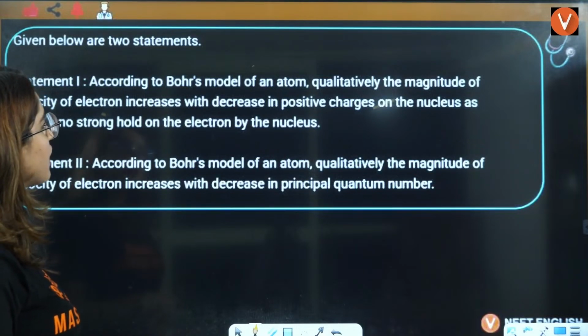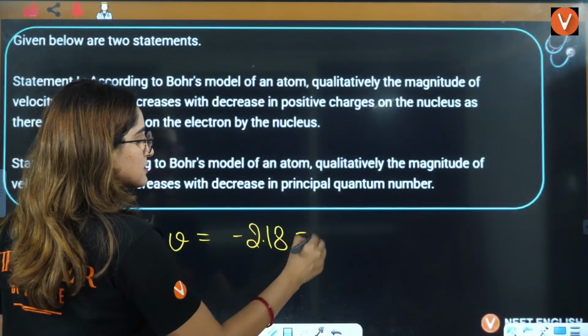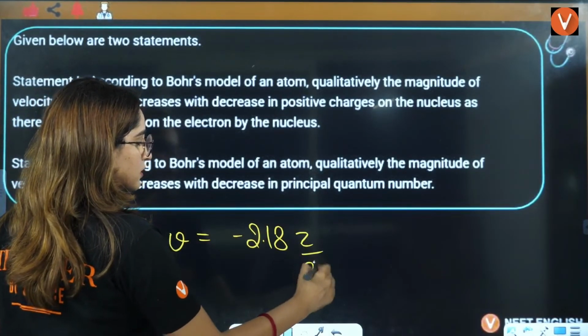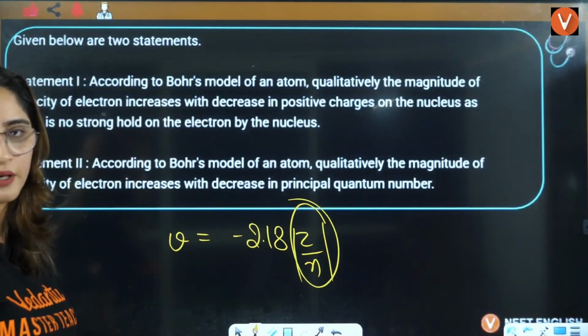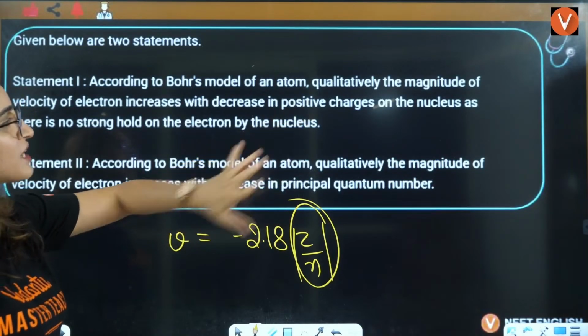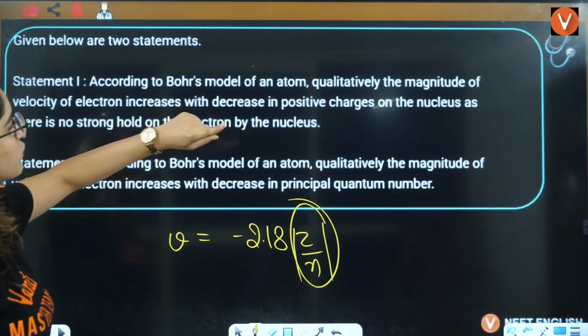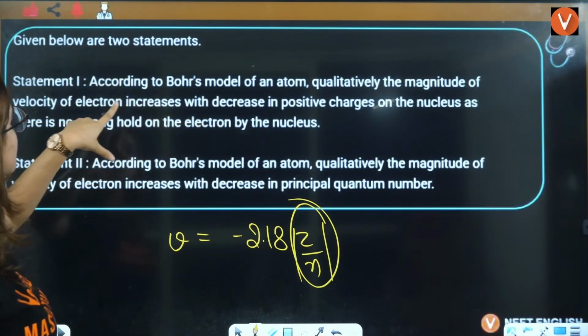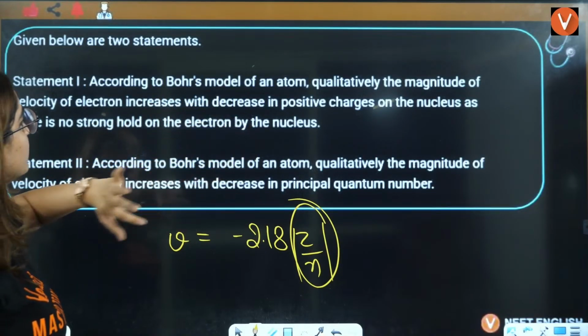Okay, so we know that velocity is equal to minus 2.18 Z by N, right? Magnitude will be dependent upon Z and N. The magnitude of the velocity increases with decrease in positive charge on the nucleus.